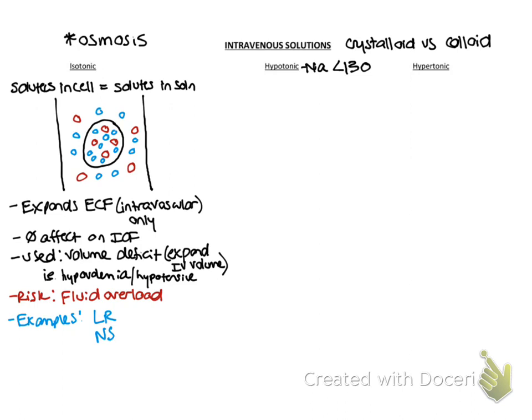With burns, they tend to do LR a lot because of the extra electrolytes. So it just depends. That's when you become an experienced nurse. No offense to any of y'all, but right now I would just focus on understanding what an isotonic solution is and when I give it.